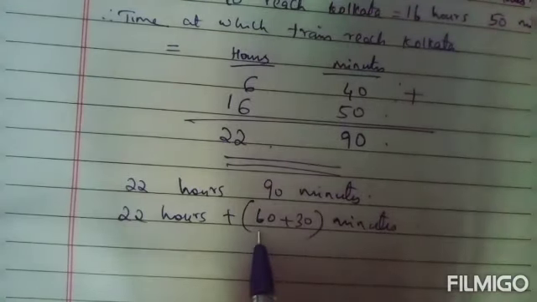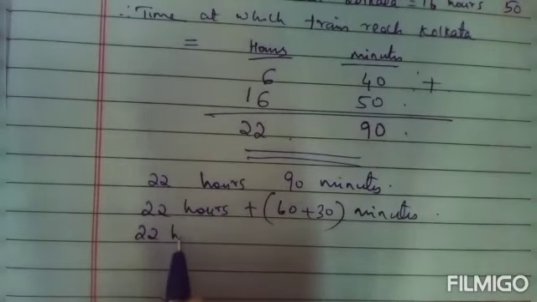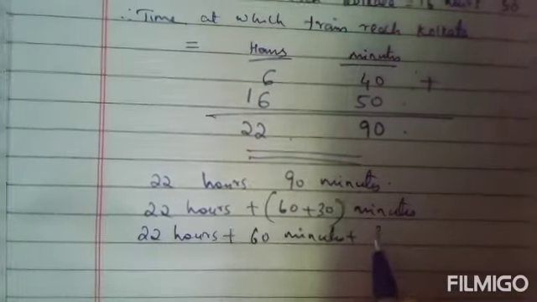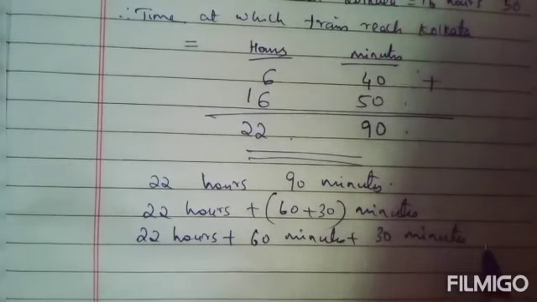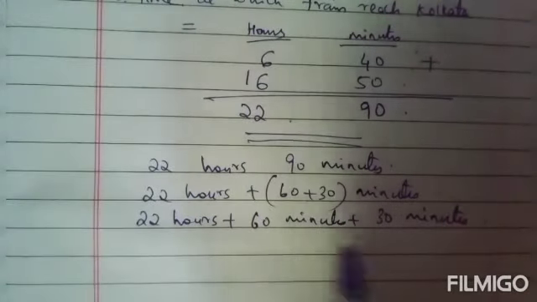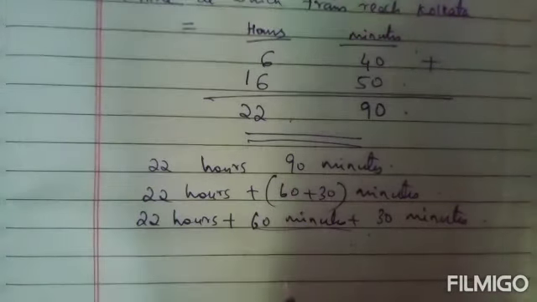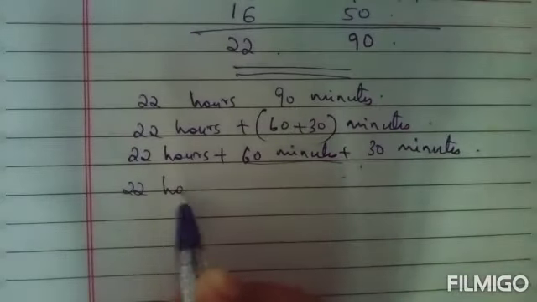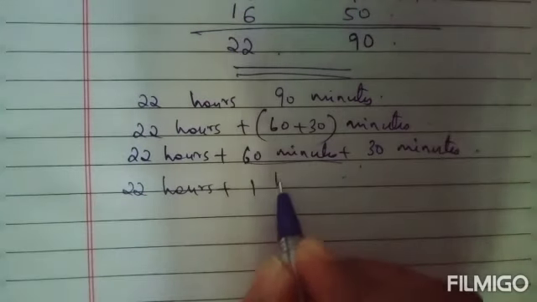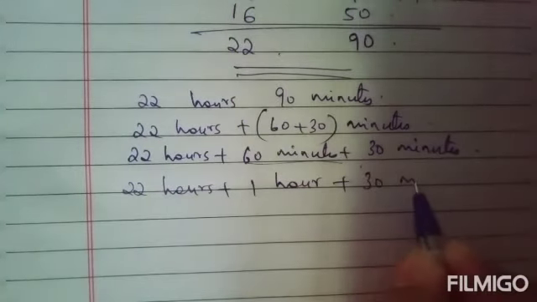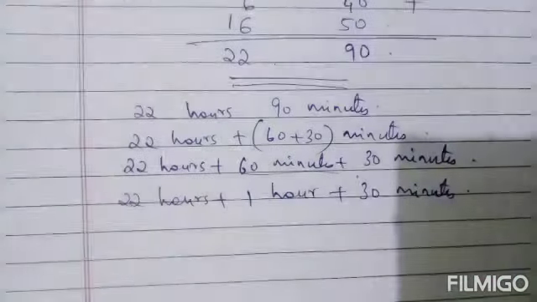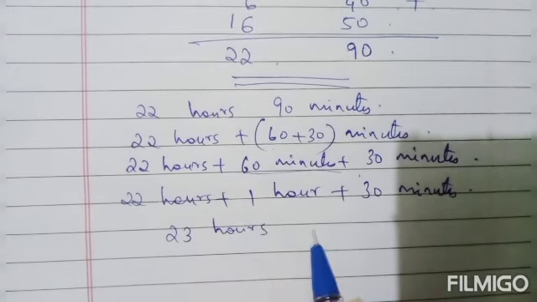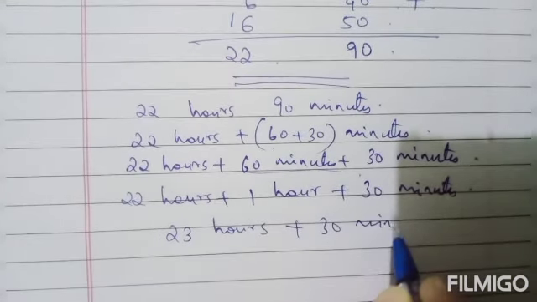We can split 90 minutes as 60 plus 30 minutes. So 22 hours plus 60 minutes plus 30 minutes. Now in place of 60 minutes we can give 1 hour. So 22 hours plus 1 hour plus 30 minutes. Adding 22 hours and 1 hour, you will get 23 hours plus 30 minutes.